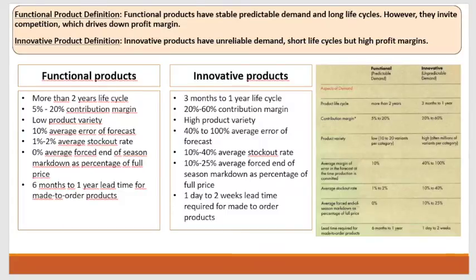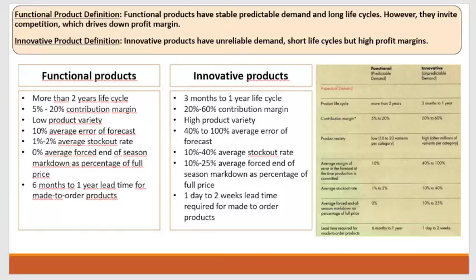Innovative products, on the other hand, have unreliable demand, short life cycles, but with high profit margins. So they are two completely different types of products. Now, the important thing here is that when we go through the two sections here, I'm not going to run you through all of them because that would be a bit tiresome.